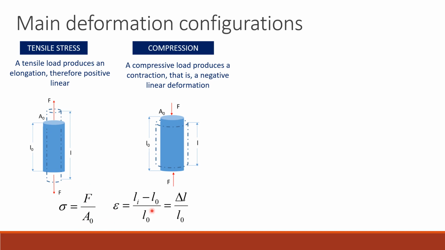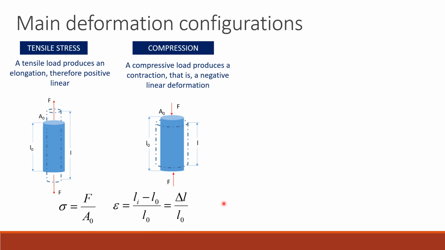The strain is the final length minus initial length divided by initial length. As a percentage deformation, it's delta L divided by L0.